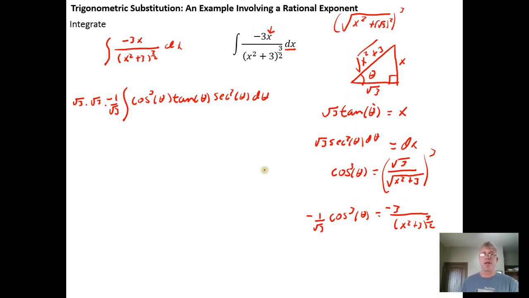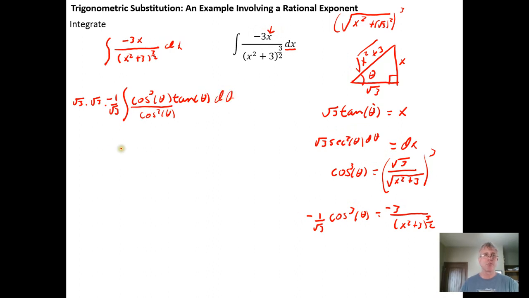And then we want to recognize that the secant is the reciprocal of the cosine. So cosine squared times secant squared would be 1. So the cosine squared will cancel out of this, leaving us with just a cosine cubed. Remember, secant squared is the same as 1 over the cosine squared. So 1 over the cosine squared would mean that we're dividing by the cosine squared if we have a secant term here.